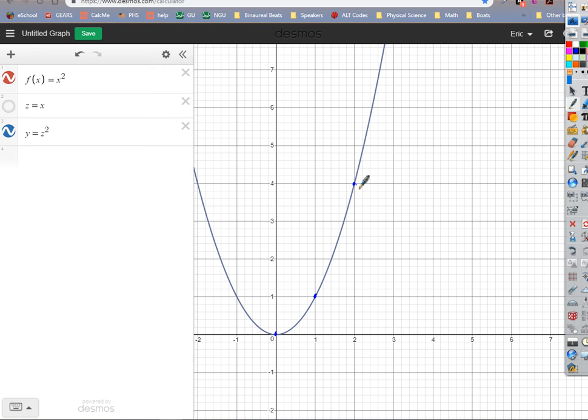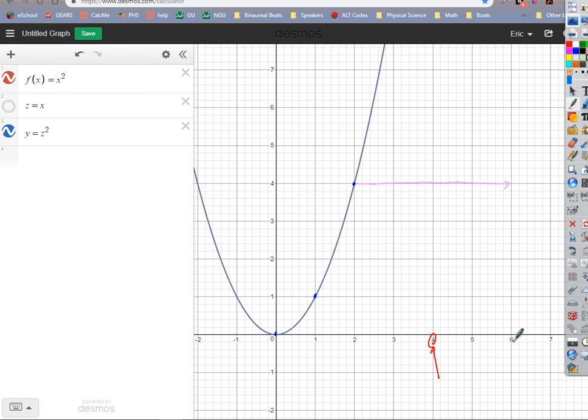If I want to slide this thing to the right, somehow I've got to trick the function. If I want to slide it to the right by, let's say, 4, when I'm actually inputting a 6, I need the function to think that it's squaring a 2. So I want this point right here to slide over to the right, 1, 2, 3, 4.